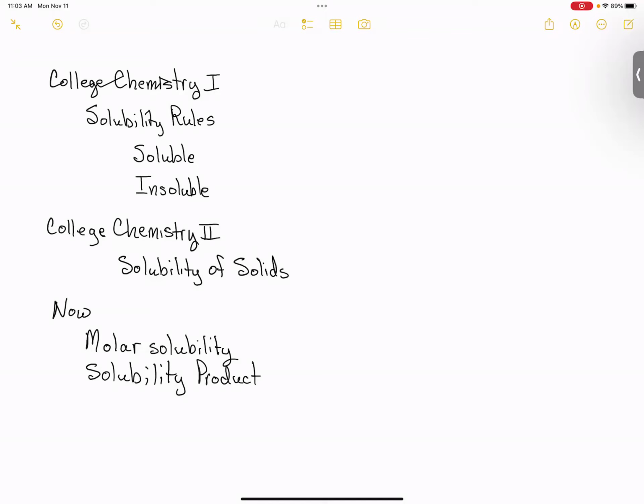I hope to finish up with everything about the solubility product today. And then on Wednesday, we will start thermodynamics. We will specifically be starting with a brief review of enthalpy, which was discussed in College Chemistry 1.